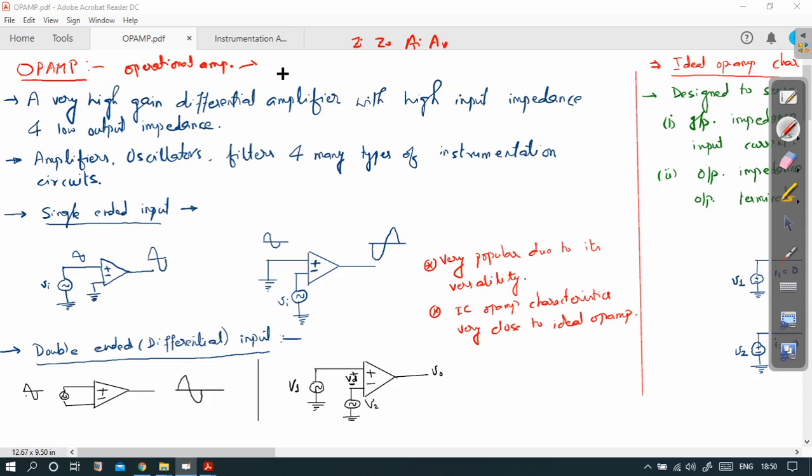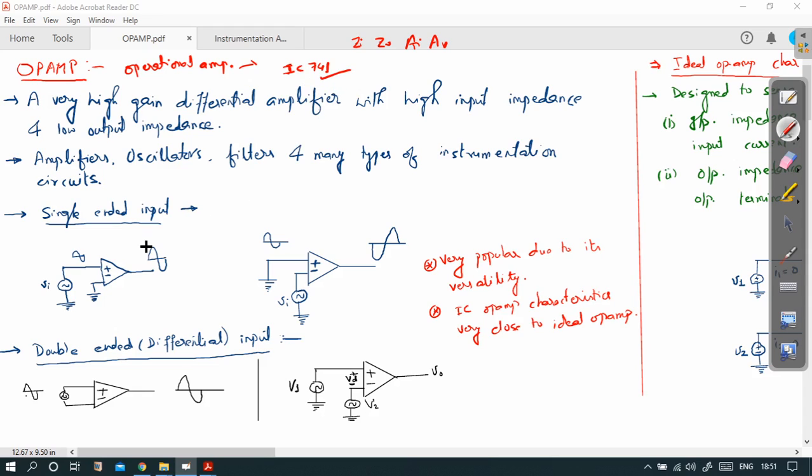It comes in a very popular IC, numbered IC 741, if you remember from your basic electronics lab. That was the IC that you used for experiments with OPAMP.